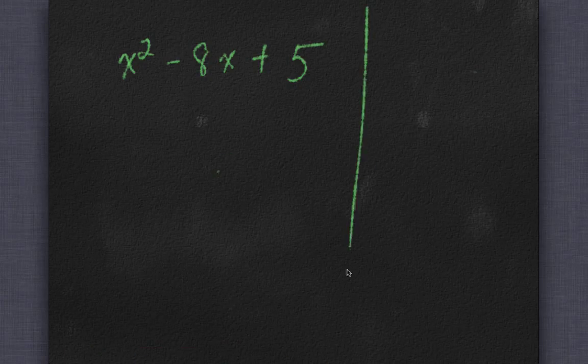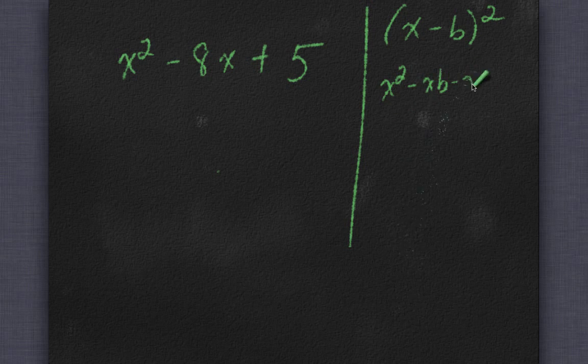Okay, so side note, if I have something squared, then I have that. So I have x squared minus 2bx plus b squared.